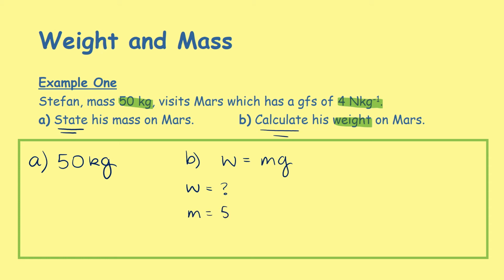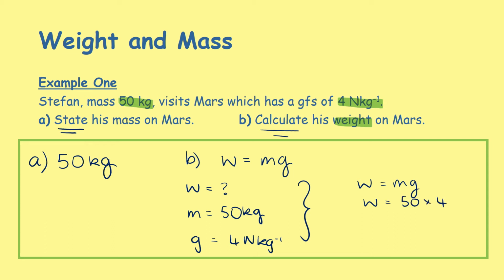The mass is 50 kilograms, we already knew that one. And the gravitational field strength in the question is 4 newtons per kilogram. So using W equals mg, we need to plug in our numbers. So W equals 50 multiplied by 4, which gives us a final answer of 200 newtons.